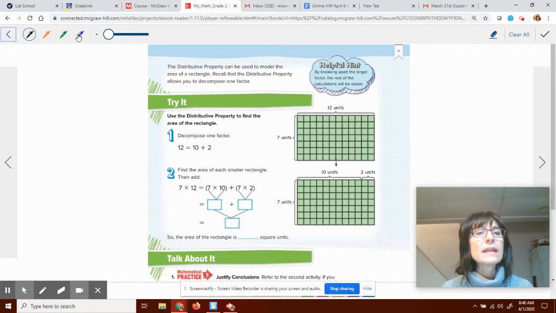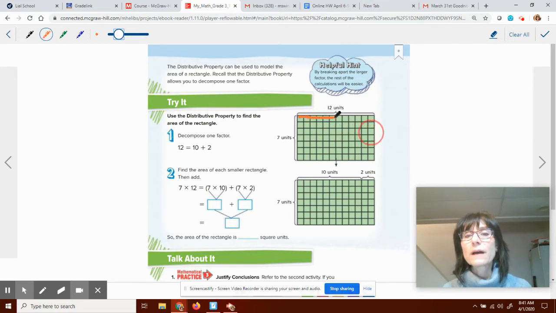So let's go ahead. If you have a colored pencil, you could use it at this time to make it just a little easier. But what I'm going to do is mark off 10. 1, 2, 3, 4, 5. I lost count. 1, 2, 3, 4, 5, 6, 7, 8, 9, 10. Whoops.